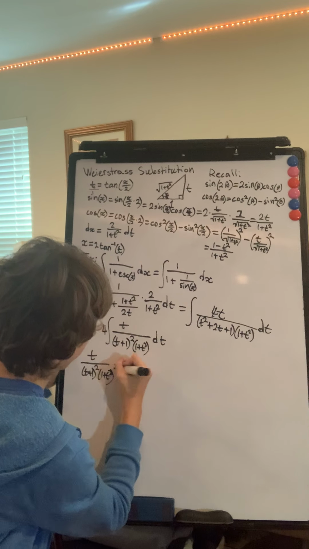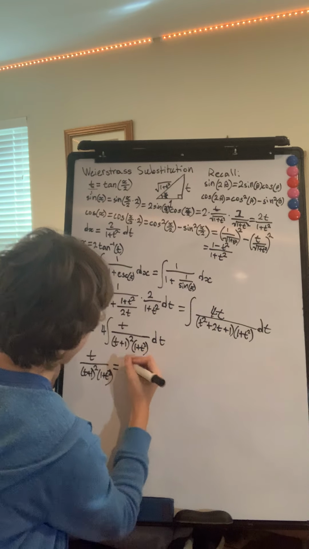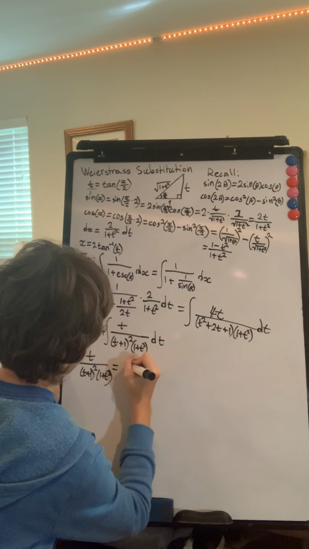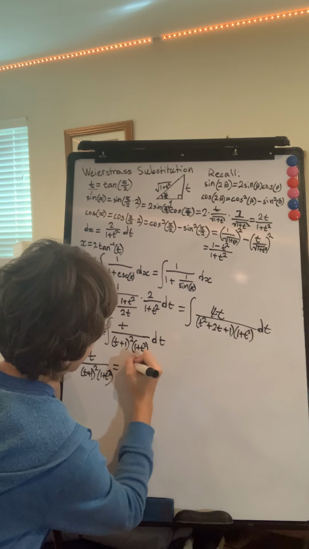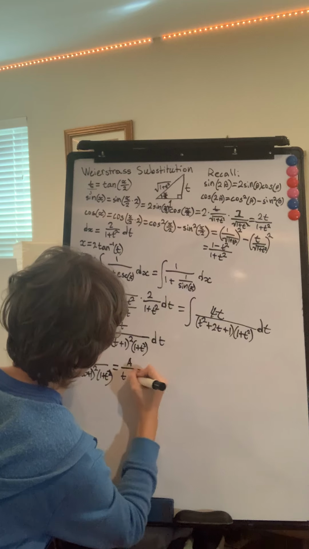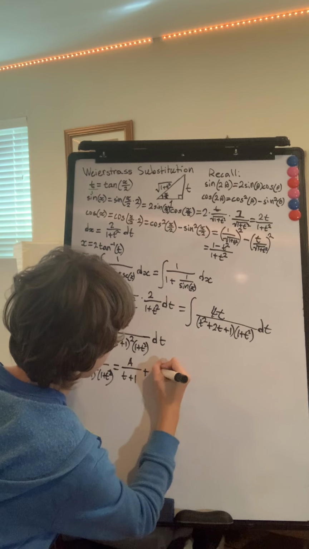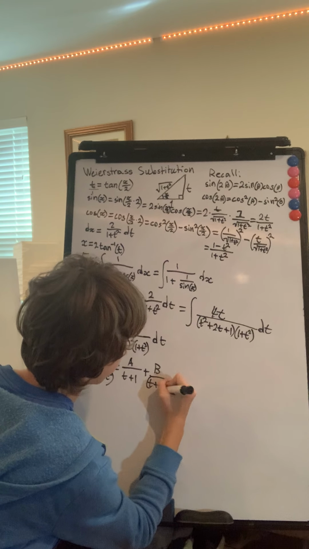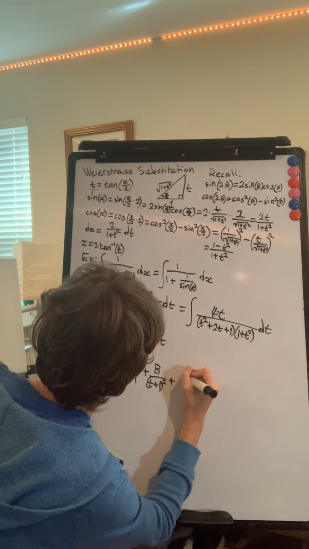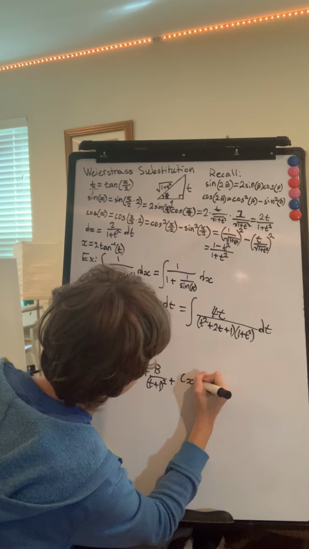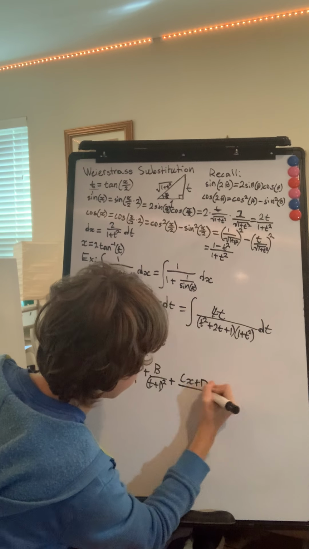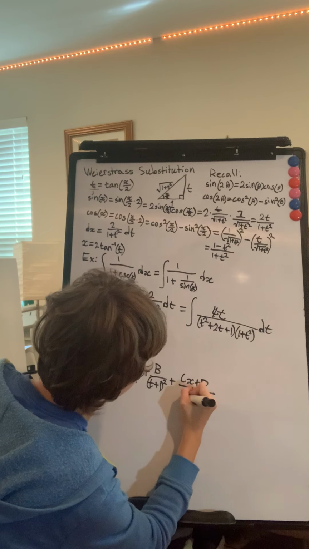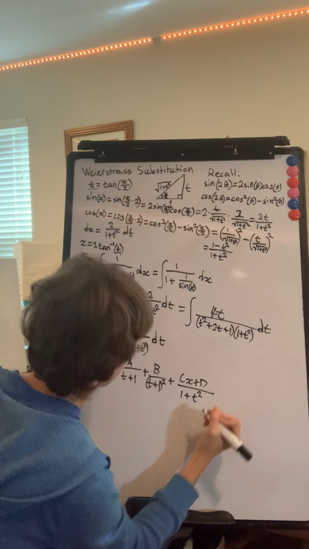We want this to equal a sum of the following partial fractions: a over t plus 1, plus b over (t plus 1) squared, plus (cx plus d) over (1 plus t squared).